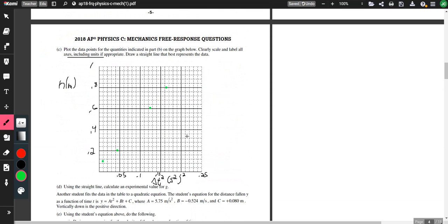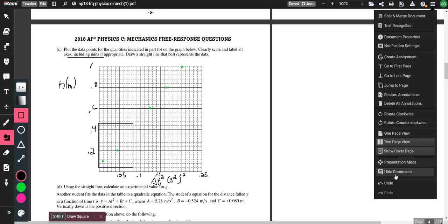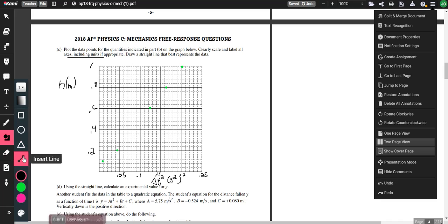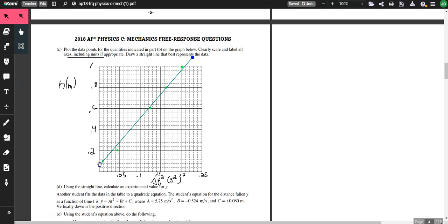And the last one, 0.203. All right. So this is what my graph will look like, and then line of best fit. Oh, that is not a line of best fit. Probably want to move this lower part down a little bit more. There we go. All right, so that would be my line.